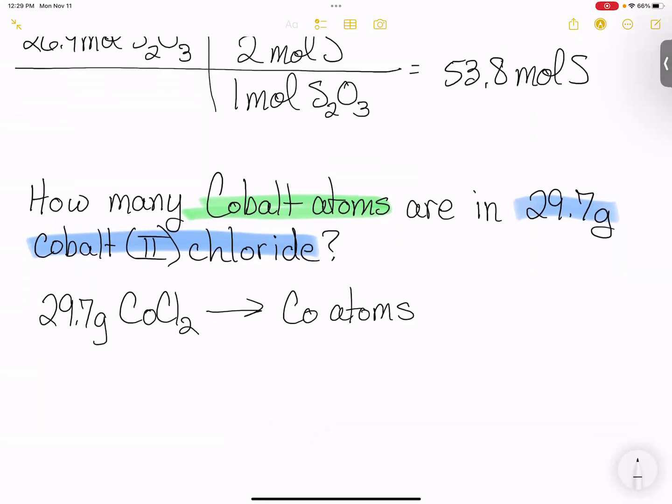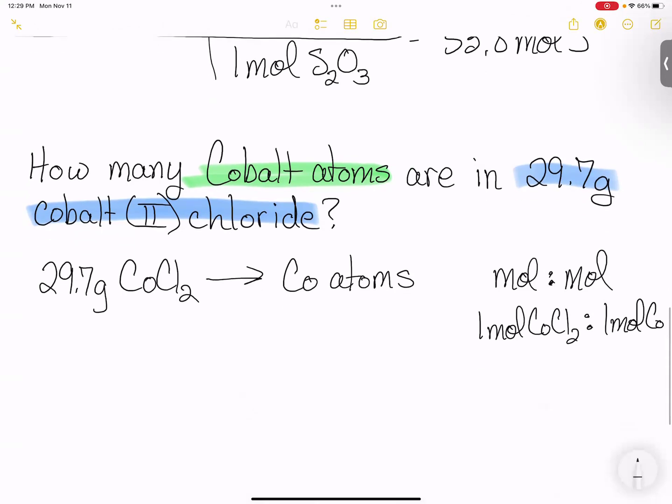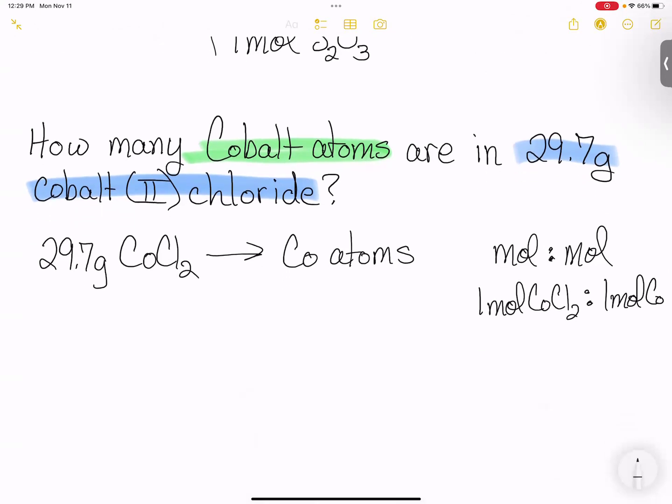Are the substances the same? No, so you will need a mole to mole ratio. For every 1 mole of CoCl2, there is 1 mole of Co. Does it contain the word atoms or molecules? Yes, so you're going to need Avogadro's number.